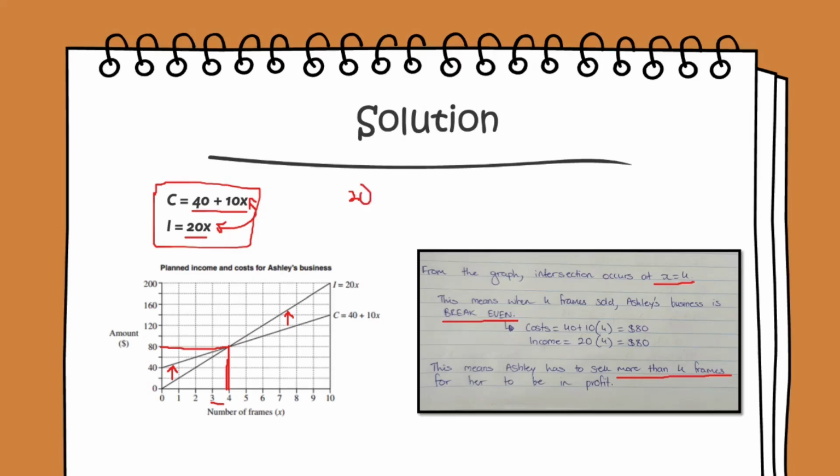If you were to write 20x is equal to 40 plus 10x, and solve that, we'll get the same answer that we've got here graphically. Okay, so that's basically how we solve these equations.